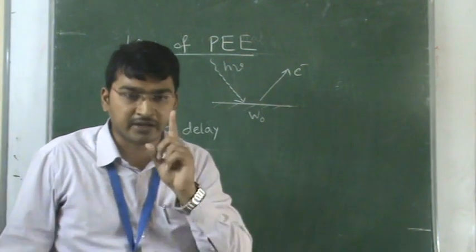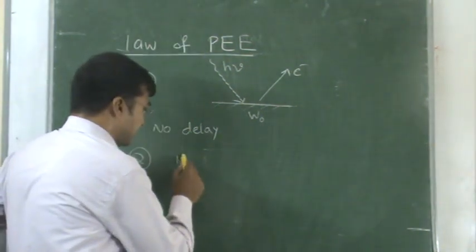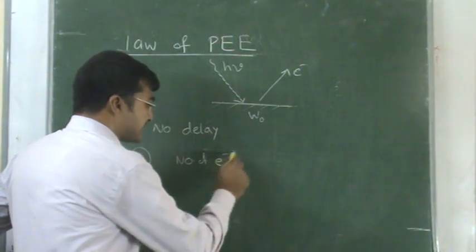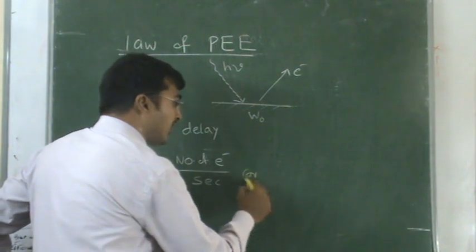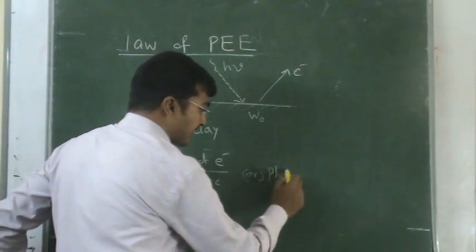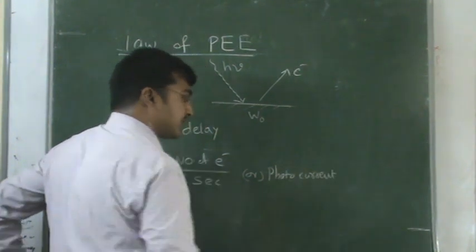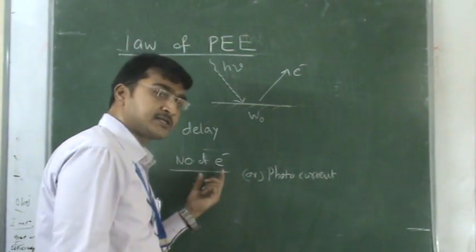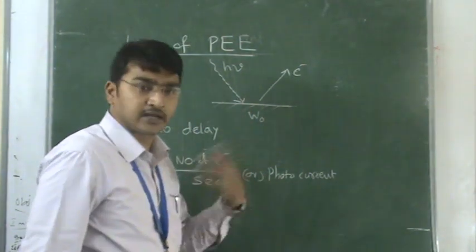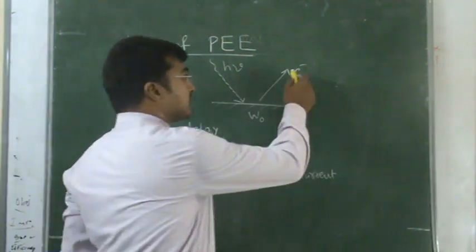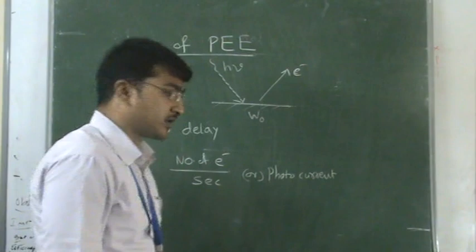So second point, make a note of it. The number of electrons emitting for every 1 second is also called photocurrent. The number of electrons emitting per second from the metal surface is called photocurrent because these electrons, when they go to a positive plate, produce the photocurrent.